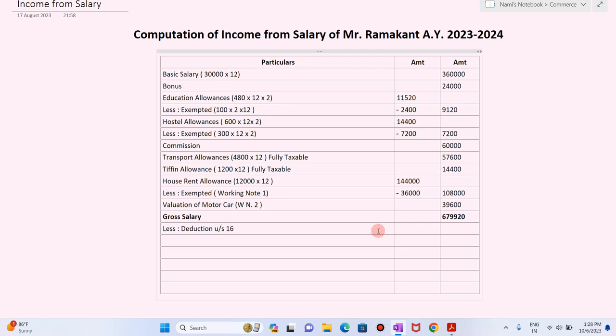Now from this gross salary, we have to less the standard deduction under section 16. So under section 16, first is standard deduction. Standard deduction is 50,000. Next, professional tax is 2,500.